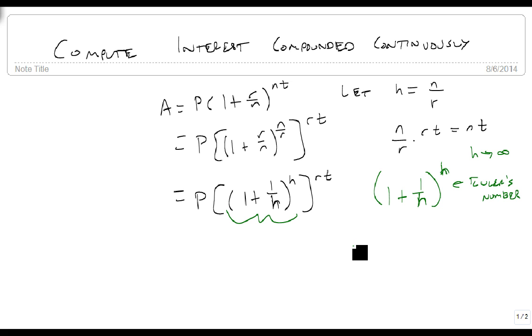We're going to let e equal 1 plus 1 over h to the h power, and then this becomes P e to the rt, and we've now found our way of dealing with compounded continuously problems. We just use this Pert.